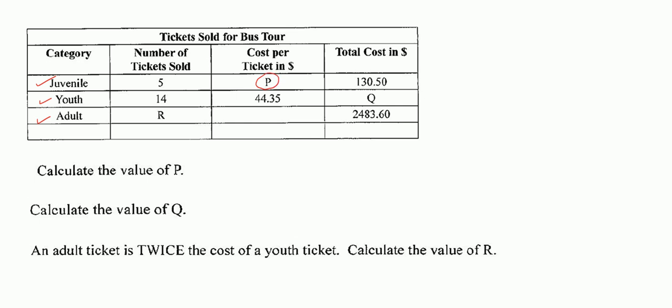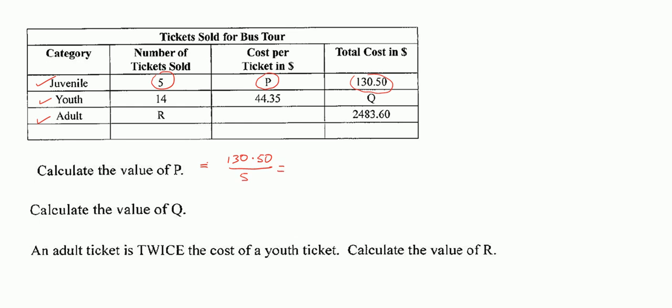We know that we sold 5 tickets and the total cost was $130.50, right? So therefore, the price per ticket, P, is equal to $130.50 divided by the number of tickets we sold, which was 5.